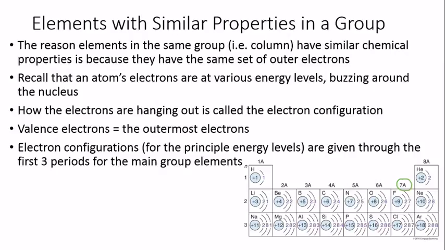So if we look at fluorine and we look at chlorine, notice that fluorine needs to have 9 electrons because it's got 9 protons, and chlorine needs to have 17 electrons because it has 17 protons in its nucleus. But in both cases, if you look at the outer electrons, it's got 7, which is what it should be because it's group 7A. See how that works?